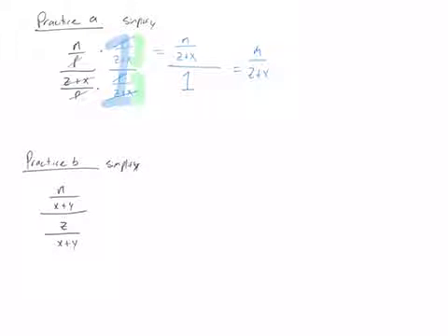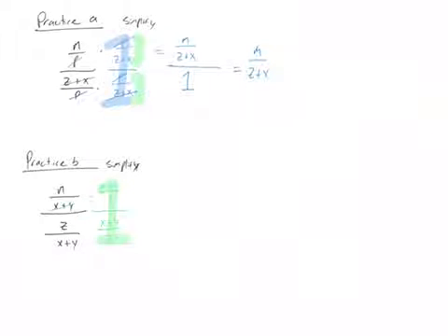So let's try another one here. I'm going to multiply this one by the reciprocal of the denominator. So X plus Y over Z. Again, this thing here on the right is just simply 1, so I'm not changing the value of anything.